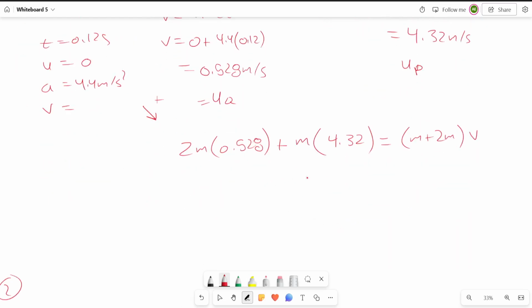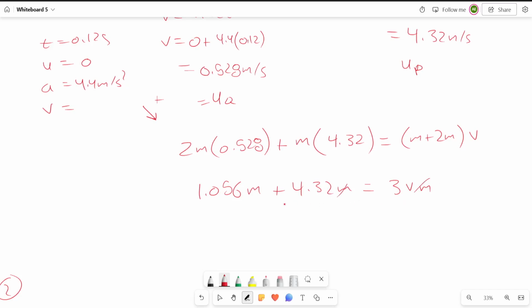So from here, I can basically say that this is 2 times 0.528, which is 1.056 M, plus 4.32 M, equals 3V M. M plus 2M is 3M.